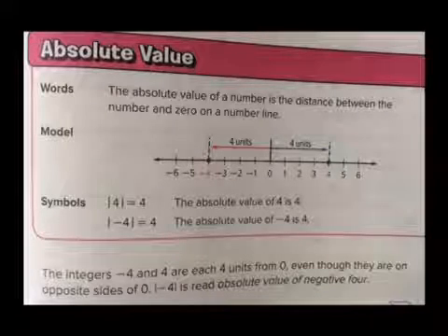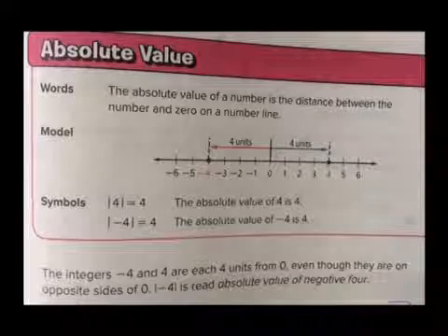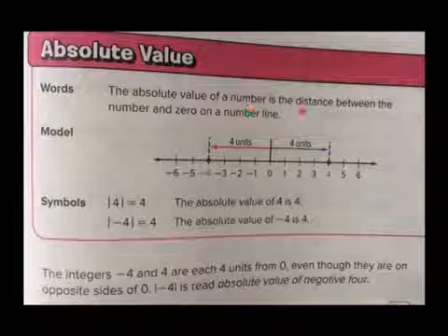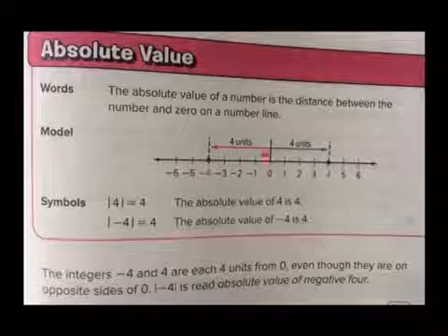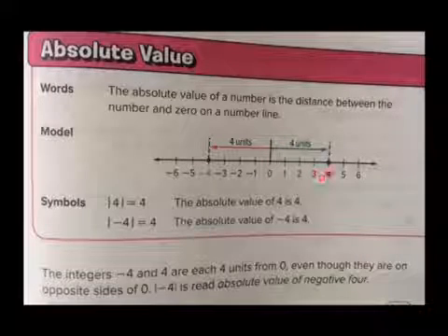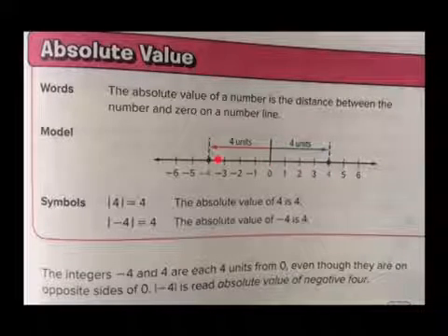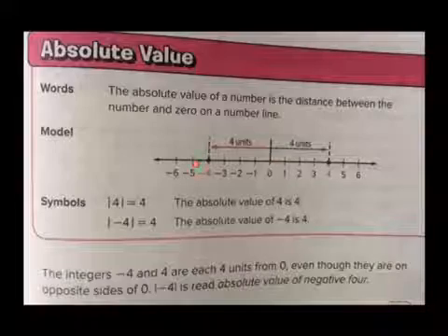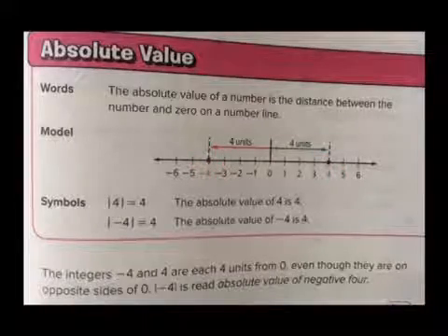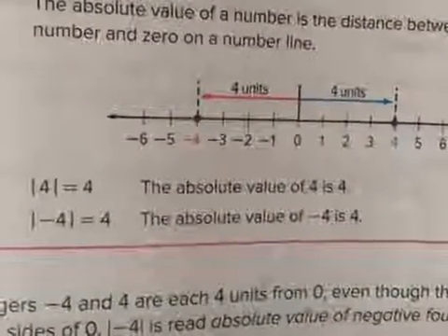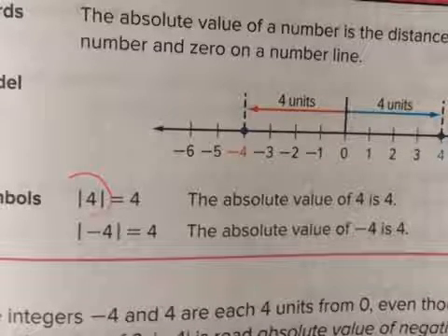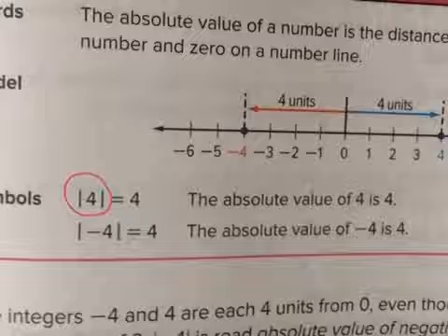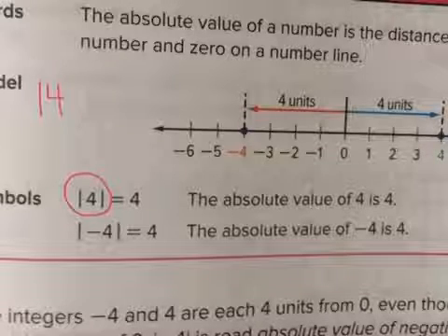Now we're going to learn how to write absolute value. Remember that the absolute value of a number is the distance between the number and the 0 on the number line. So we have the 0, and we have 4, but we also have -4. They're both the same distance from 0, so they both have the same value. This is the way we write absolute value: the absolute value of 4.